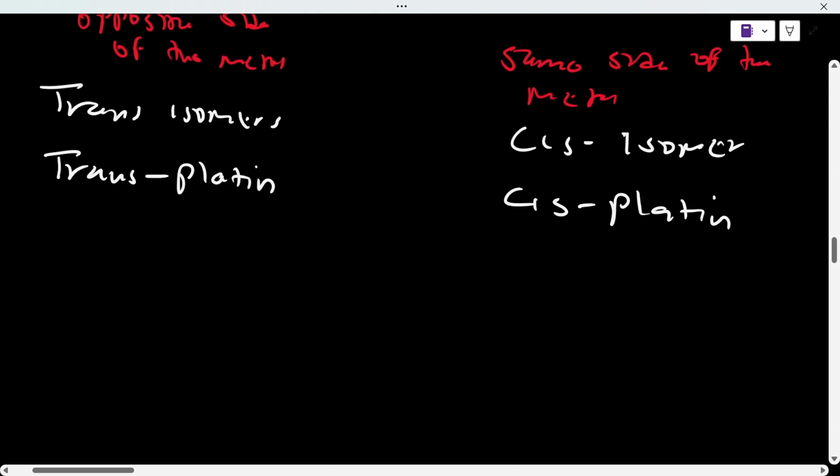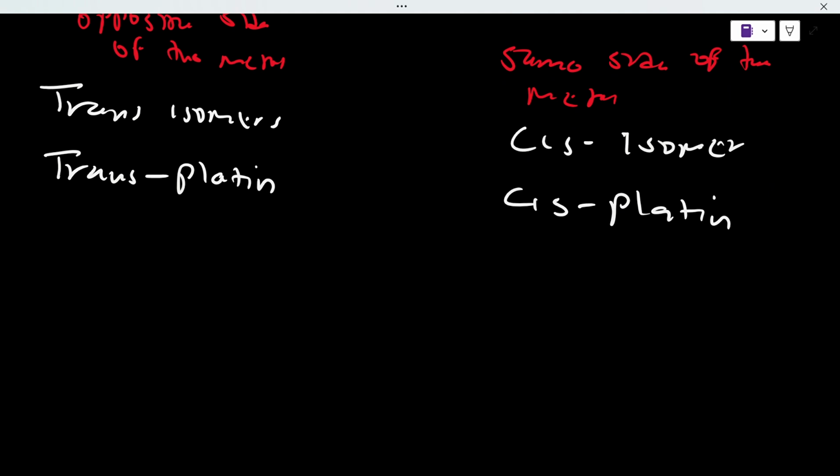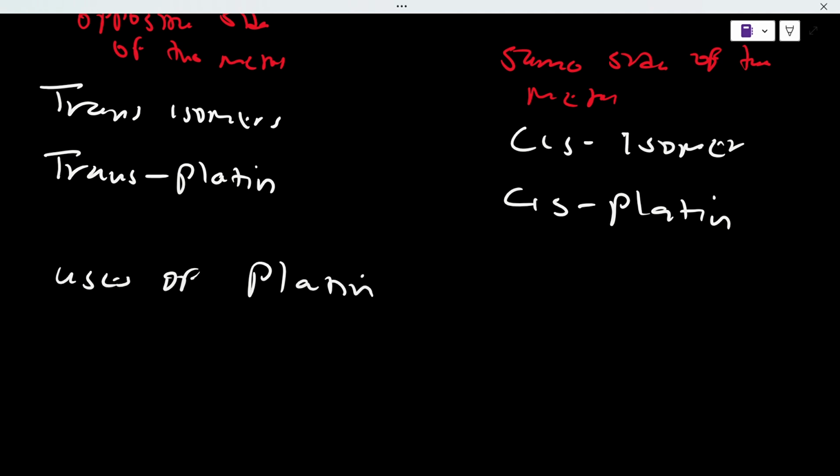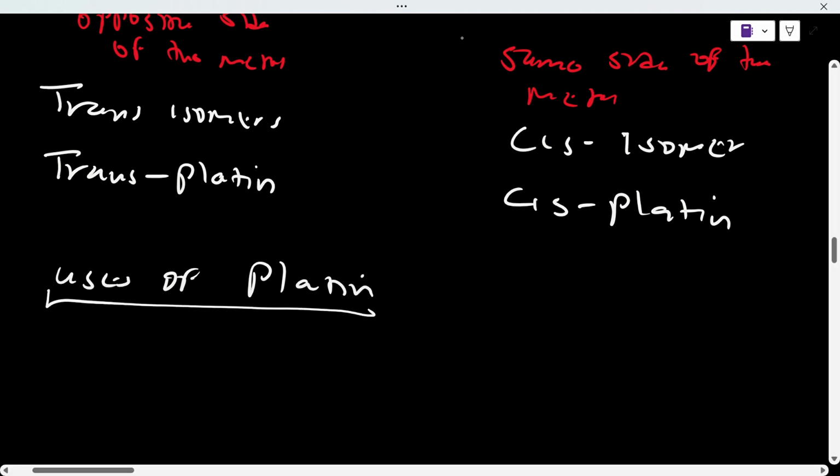Now the key thing you should know here: platin is a very important complex that is used to manufacture anti-cancer drugs. Uses of platin. Cis platin is always used in the manufacture of anti-cancer drugs.